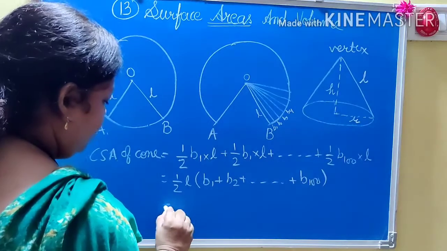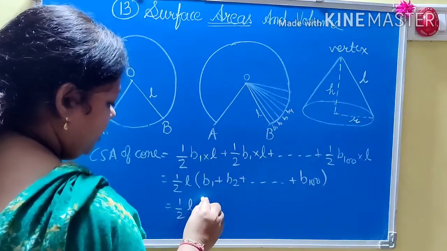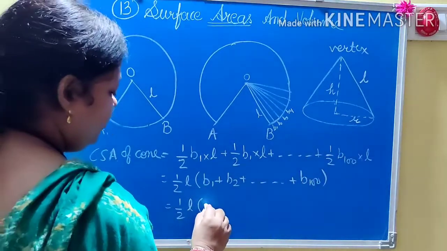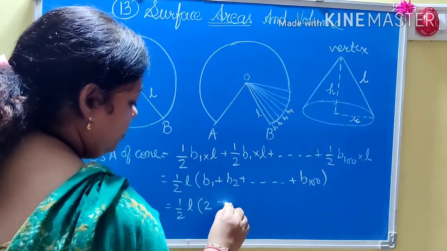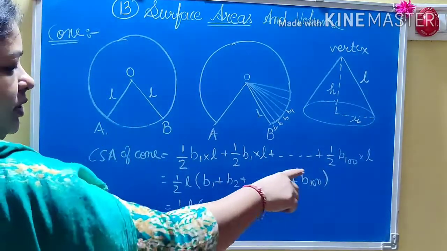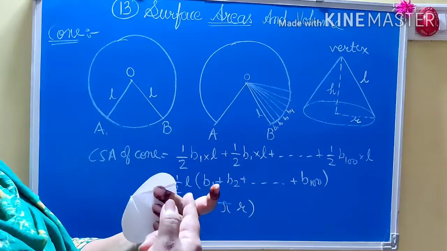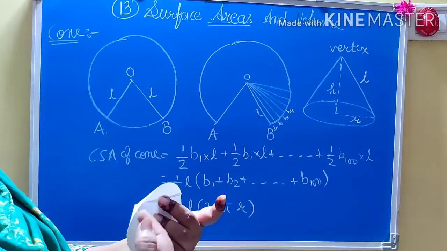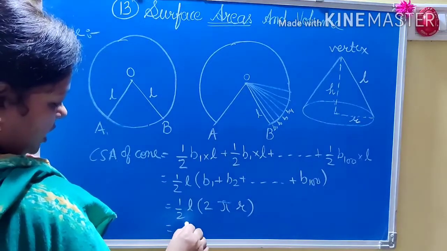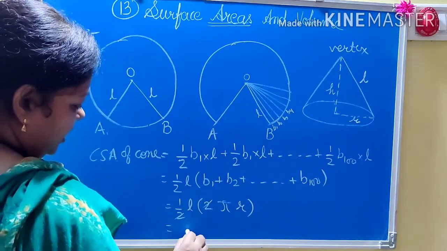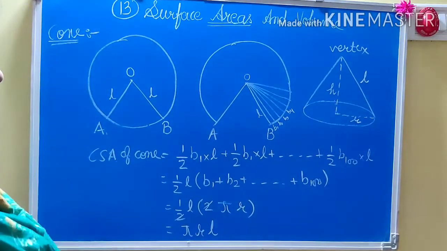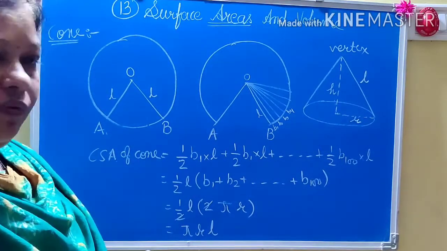So this gives me half L. We have seen the radius of the base is r, and the circumference is 2 pi r. The addition of all these bases B1, B2 and so on is the circumference of the base of the cone. So the 2 gets cancelled, and what we get is pi r L, which is the CSA of the cone.